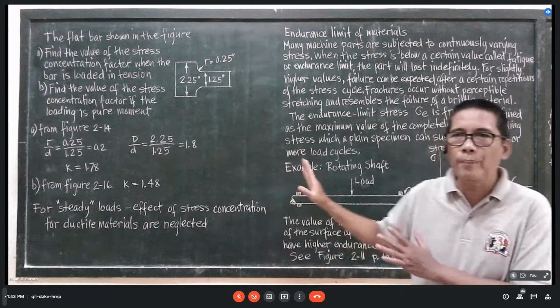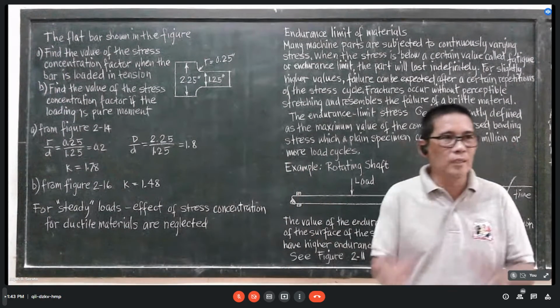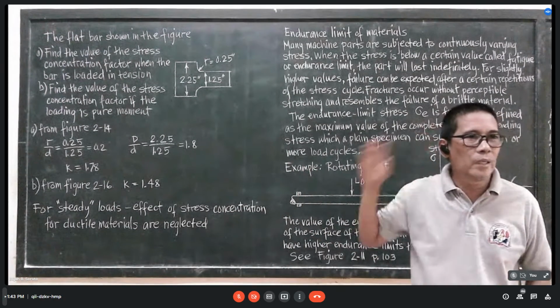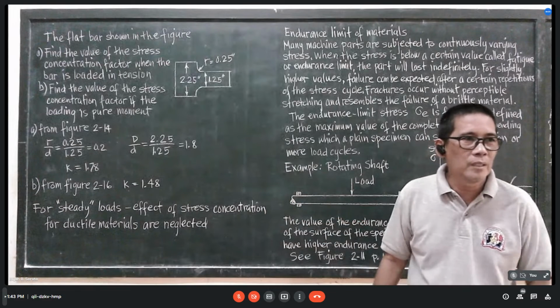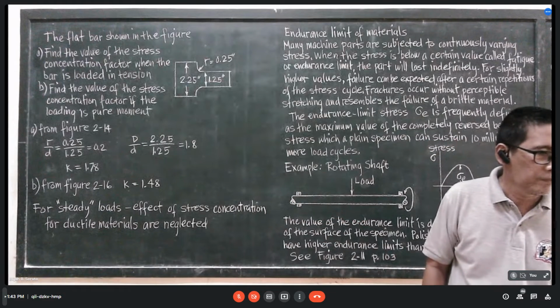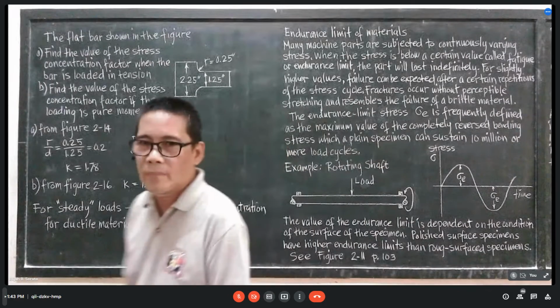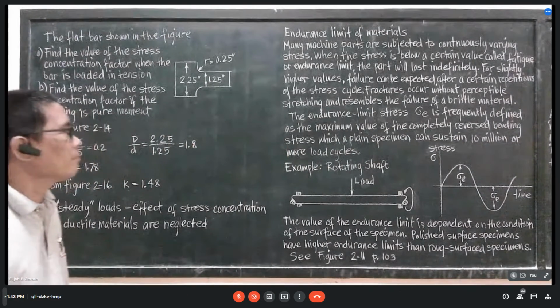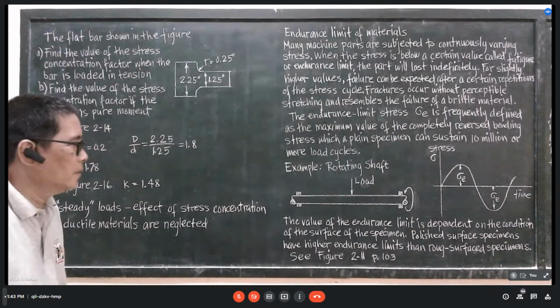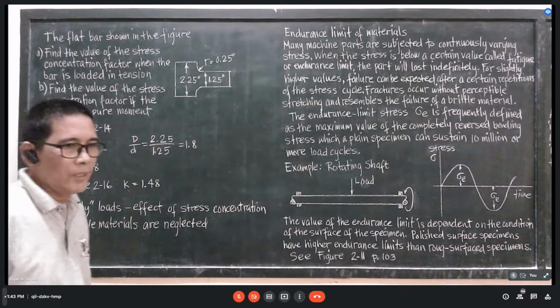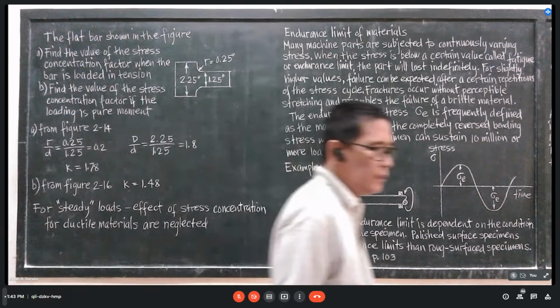However, this topic is important because later on in our discussions, we cannot neglect stress concentration anymore. Okay? Okay na ta, class? Do you have any question? Those who are online?